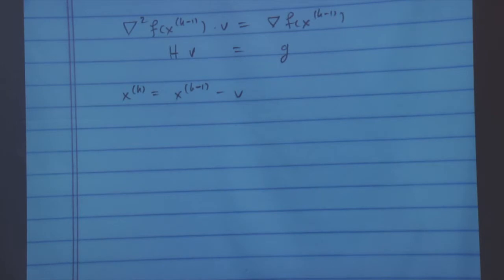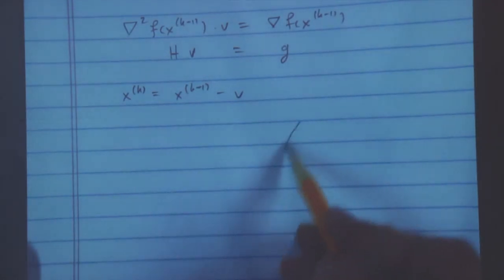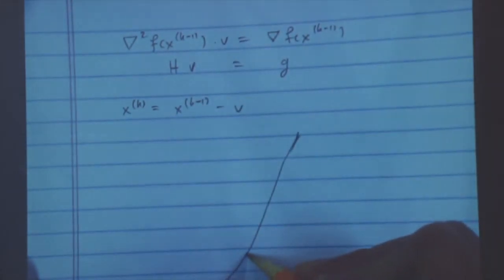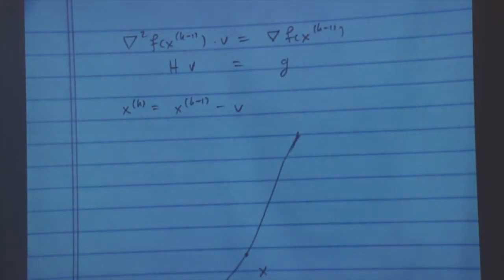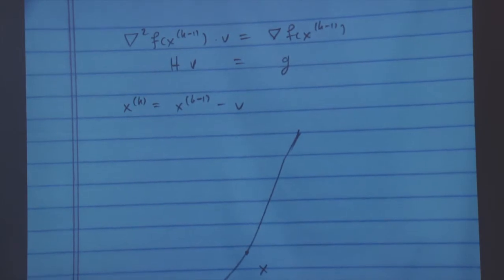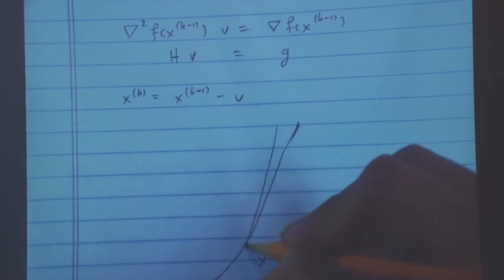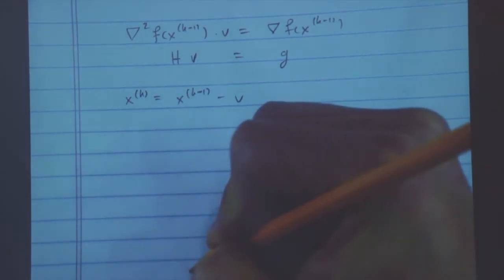All right, so how do we interpret Newton's method? Well, it turns out we can interpret it in a similar fashion to what we did for gradient descent. So remember, gradient descent, we said that, well, suppose we're at x and we want to make an update. We have our convex function. We said, let's suppose that we form a quadratic approximation to our function at x.